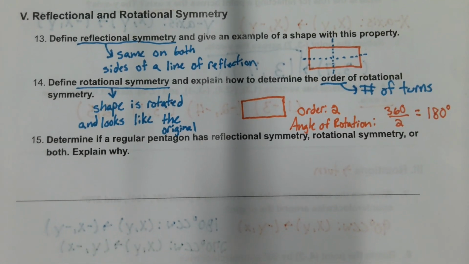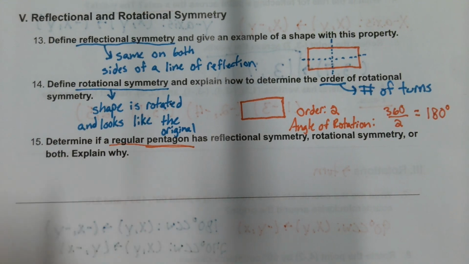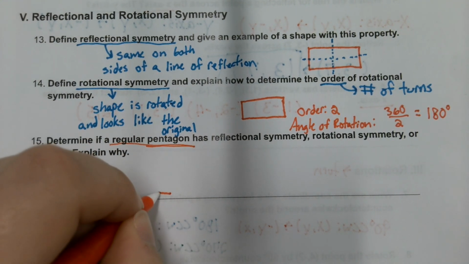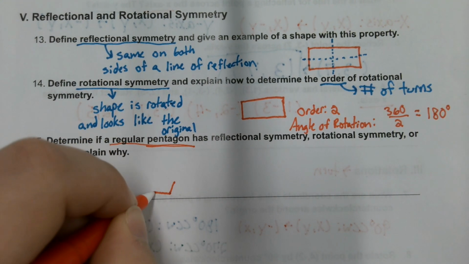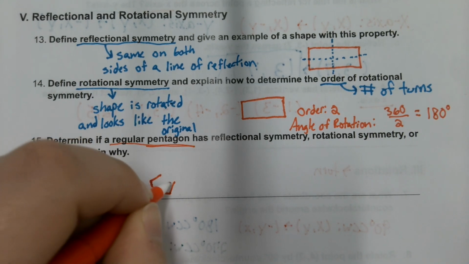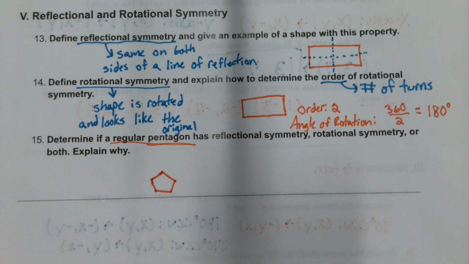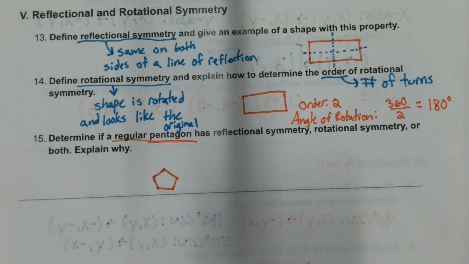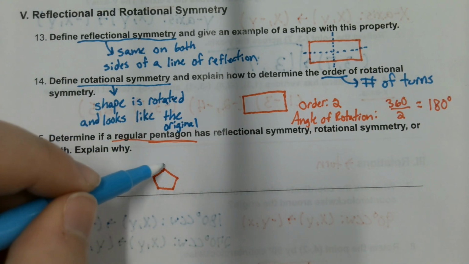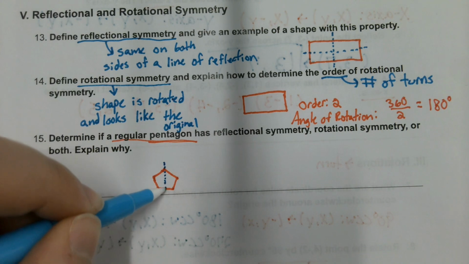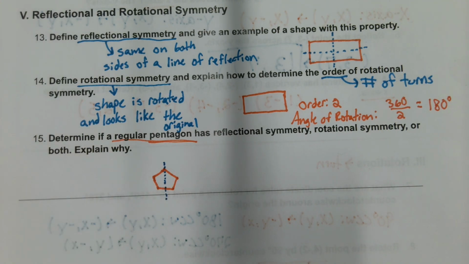So let's take a look at 15. 15 is saying if a regular pentagon, so I'll do my best to draw that. Something like that. And it wants to know, does a regular pentagon have reflectional symmetry, rotational symmetry, or both? And we'll explain why. So we'll cover reflectional symmetry. Well, the pentagon definitely has reflectional symmetry like that.